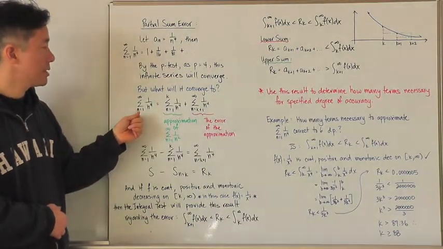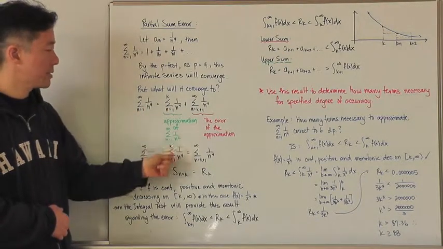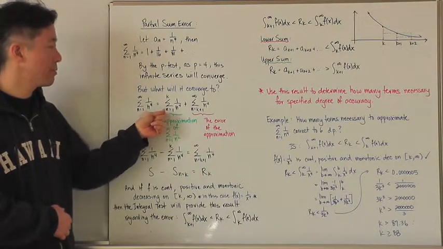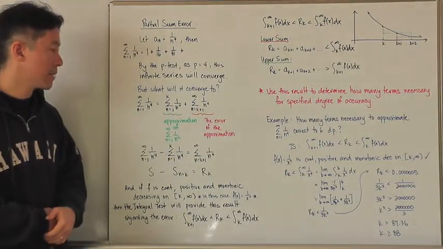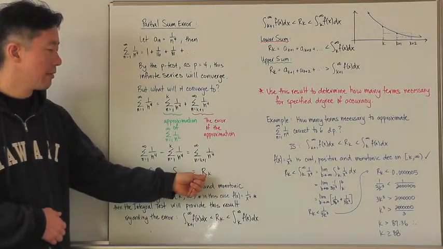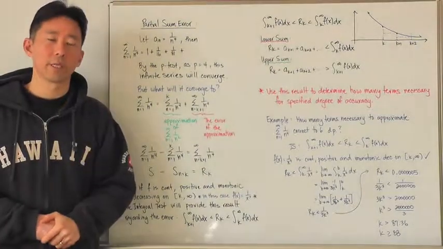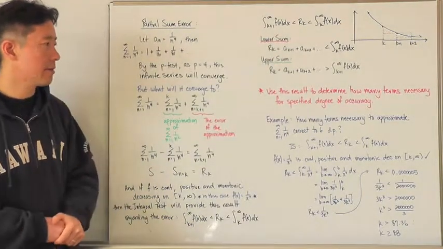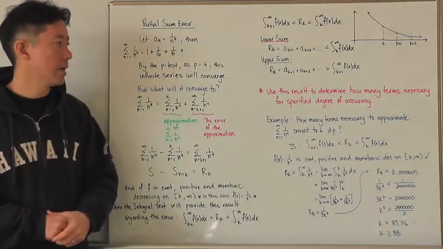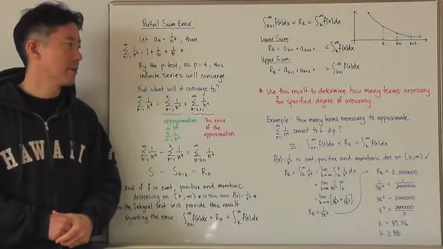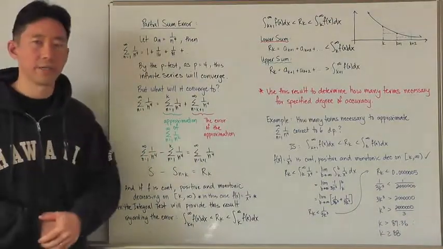In order to do that, we need to take our infinite series and change that form into a partial sum plus the error in the approximation, and then we're going to focus on the error of the approximation and relate it to that particular inequality statement. Then after that, depending upon the question that's asked, we can determine how many terms are necessary for a specified degree of accuracy of our approximation to the infinite series.